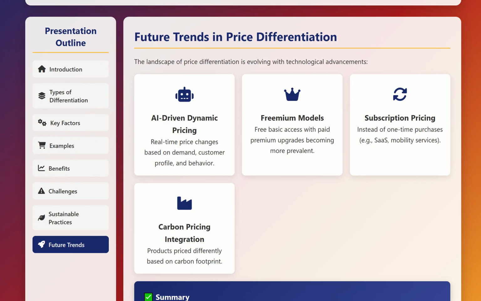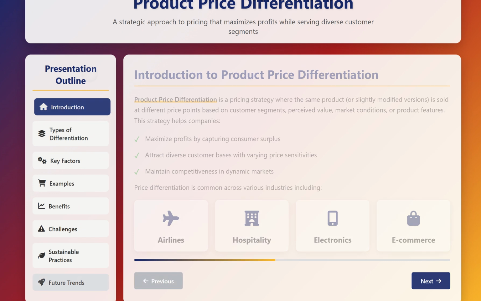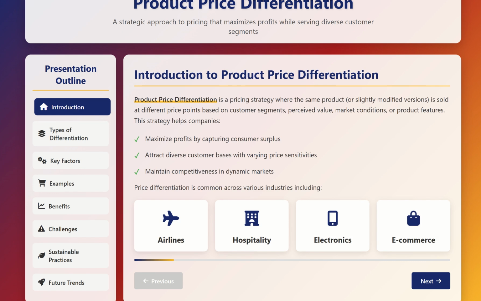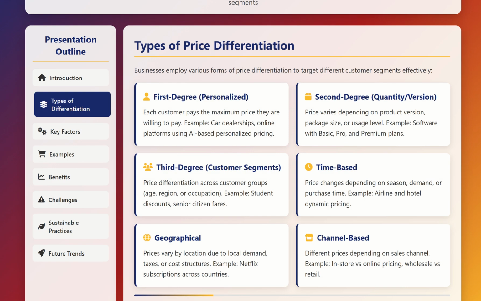So, a recap: we have looked at an introduction to product price differentiation, a strategy where we differentiate products depending on the market segment, perceived value, market conditions, or features. We looked at the types of product price differentiation: first degree, second degree, third degree, time-based, geographical, or channel-based.